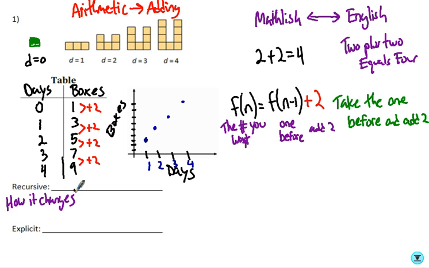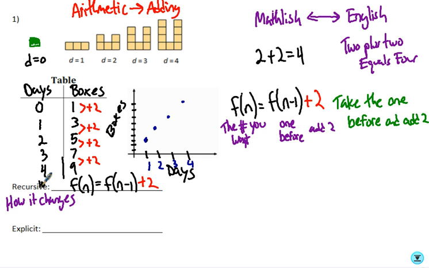So my recursive would be the one you want is the one before it, right? So the n minus 1 just means the one before. And then what are we doing each time? Well, we're adding 2. Now, the problem is, what if I wanted to know what about day, I don't know, day 100?